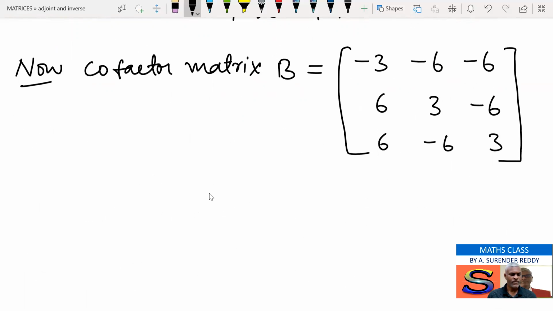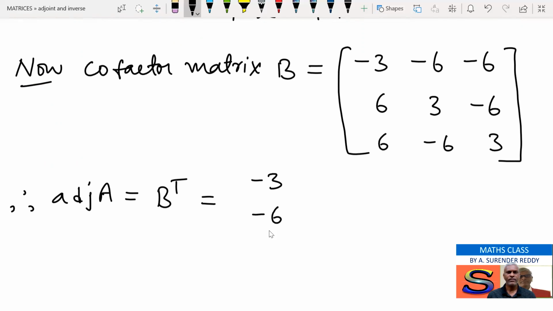Now adjoint. Adjoint is the transpose of the cofactor matrix. That is, convert the rows into columns. -3 -6 -6, write this as a column. Then 6 3 -6, and 6 -6 3.